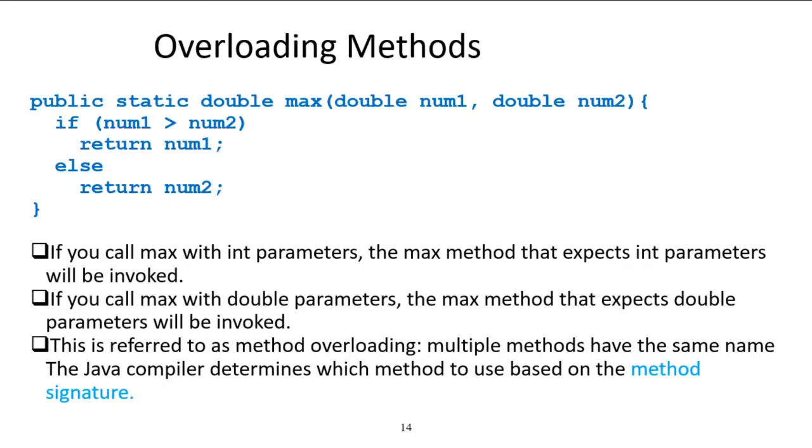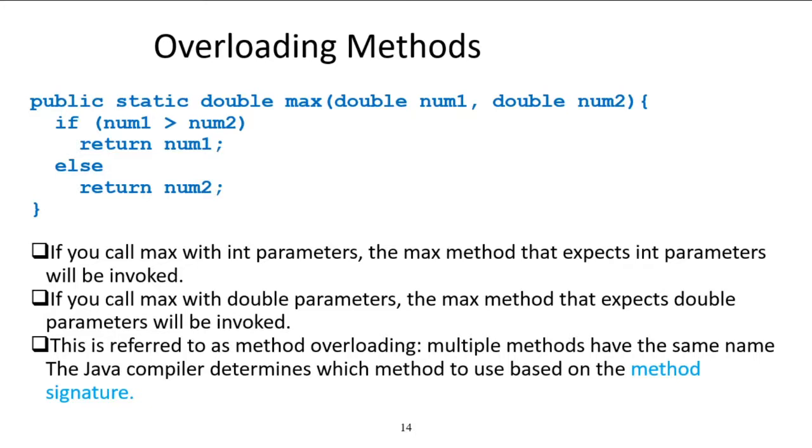Now, if you call the max function and assume that your program has two max methods, one working with integer parameters, the other one working with double parameters, you are allowed to define these two methods with the same name.